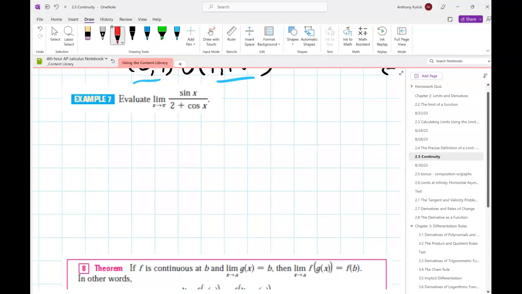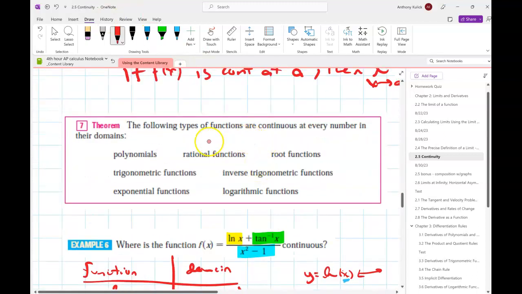So I'm going to look at the individual parts. Sine x, is this continuous? Yes, right? If I go back and look, it's on my list. Trigonometric functions are continuous over their domain. And what is the domain of sine? All real numbers, right? Negative infinity, positive infinity. You take the sine of anything.